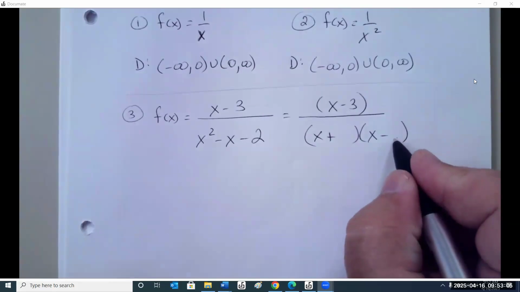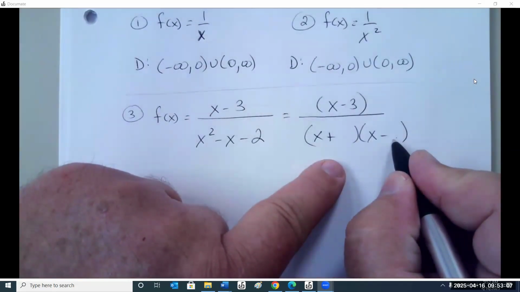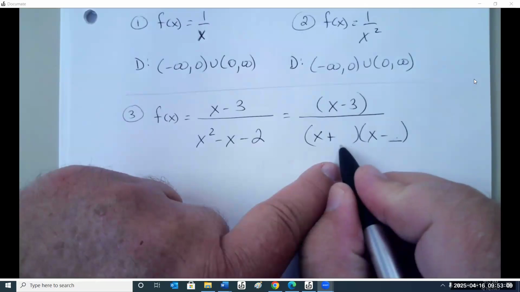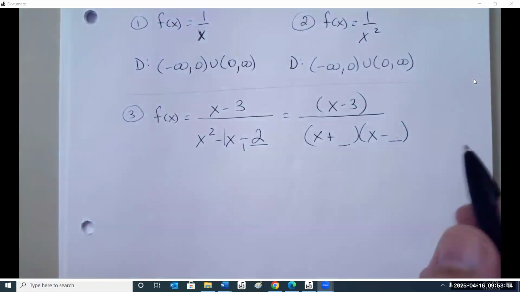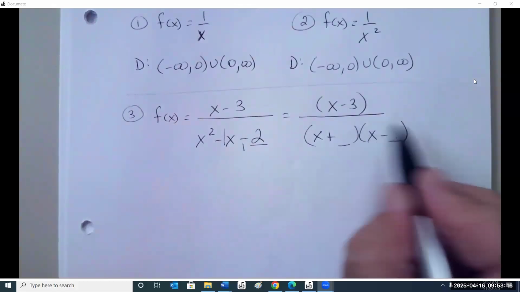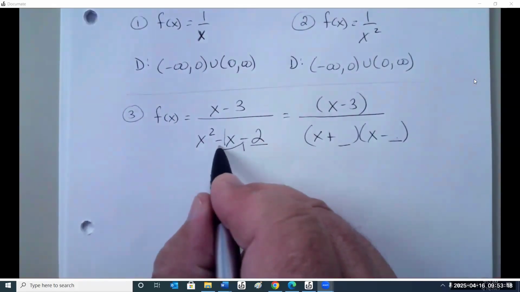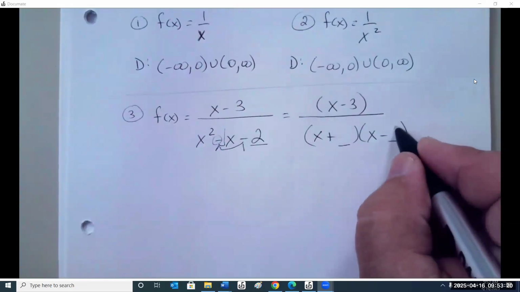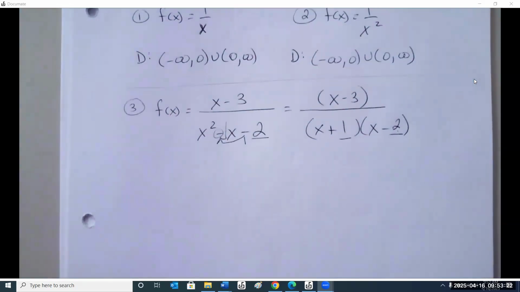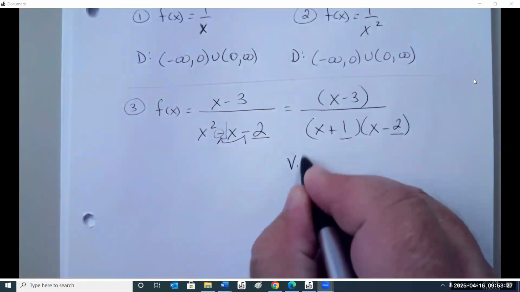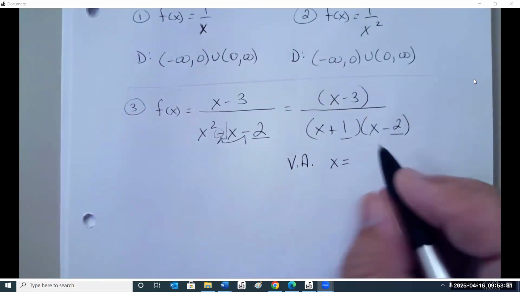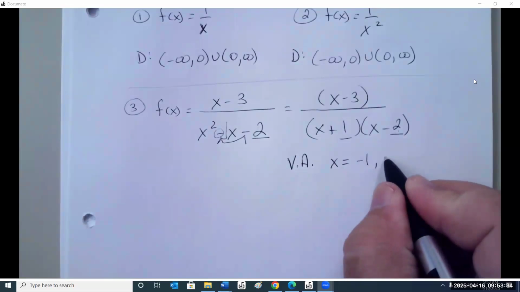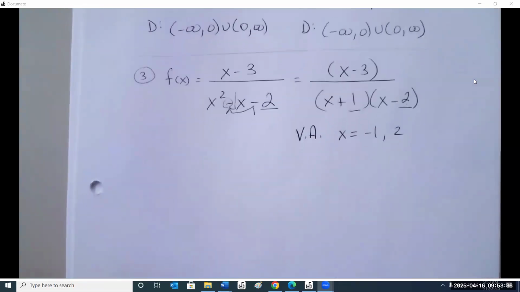So now what goes here? What times what is 2? When you subtract them, you get 1. So where does 2 go? Yeah, because this is our opposite sign, the bigger number gets a minus. So what are my vertical asymptotes? And, right.